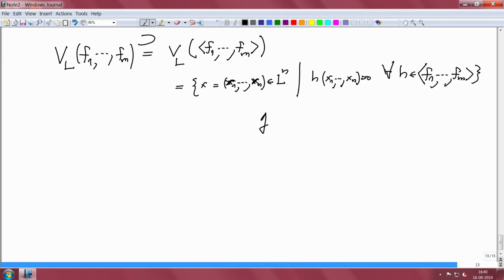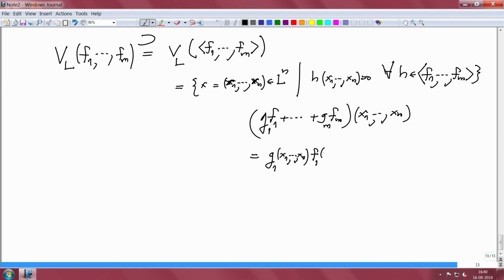If I evaluate such a combination at x1 to xn, that is the same as g1(x1 to xn) times f1(x1 to xn) plus ... plus gm(x1 to xn) times fm(x1 to xn).